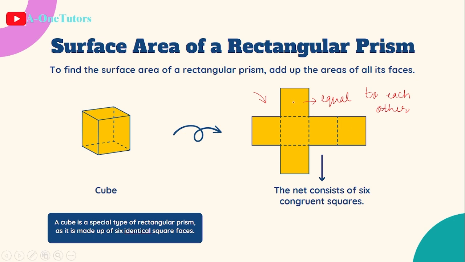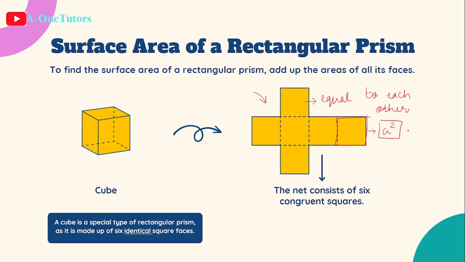And again, we are well aware that a rectangular prism in itself has 6 faces. For that matter, I will have to find the area of one face and multiply it by 6. Let me name the side length A, and the area would be A squared for this specific one.